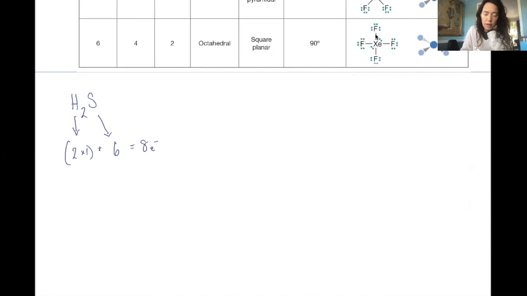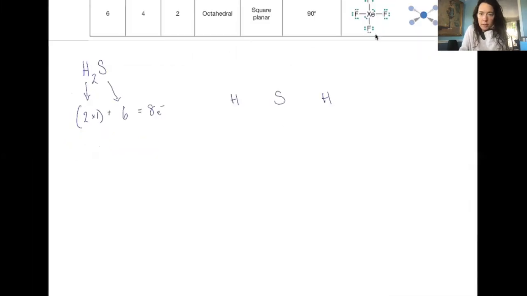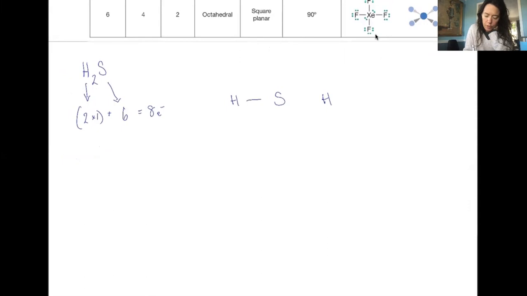Put the S in the center, there you go. Put the hydrogens around the side. Let's connect 2, 4. So I have 4 electrons left over. Hydrogen here has 2, that's perfect.